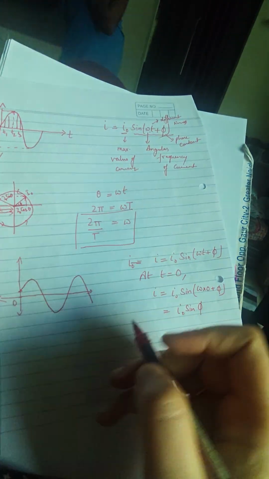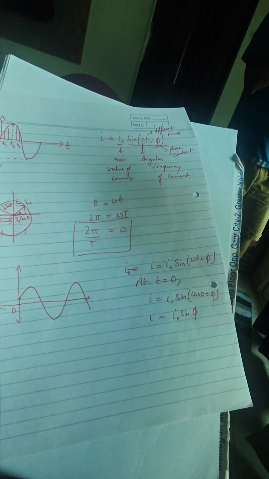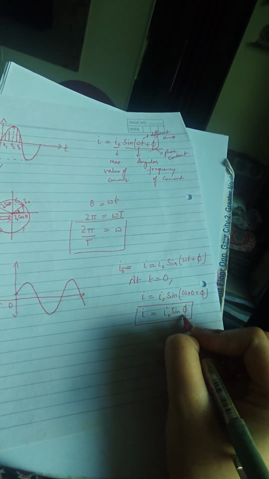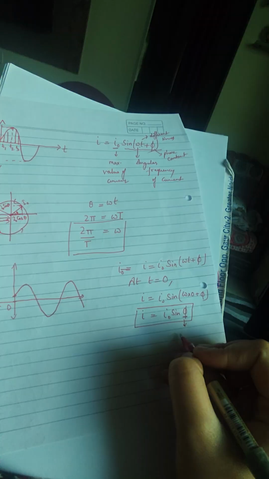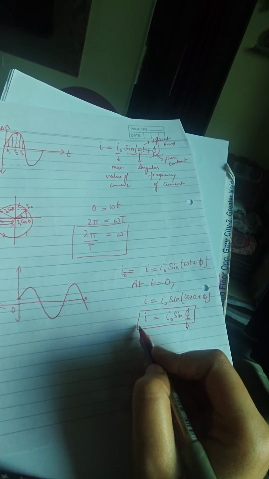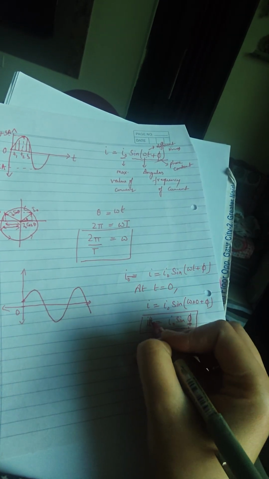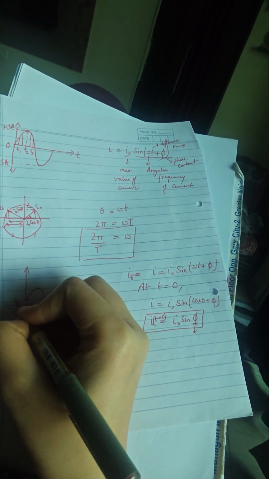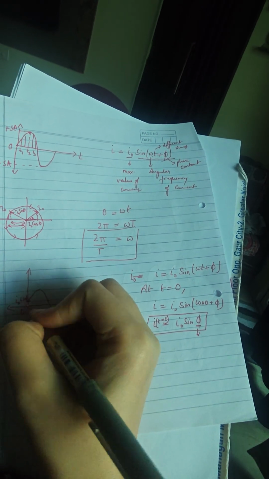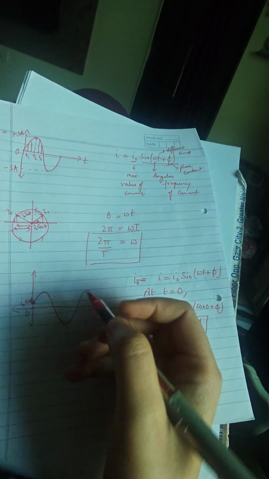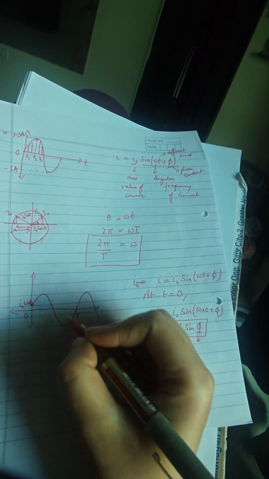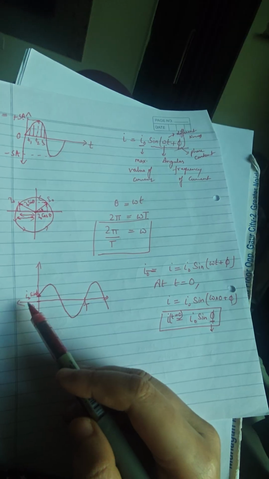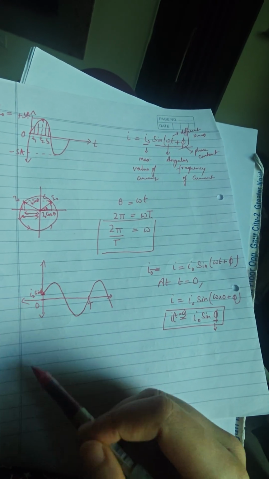So this phi is deciding what would be the value of I at t equal to 0, यानी 0 टाइम पर I की क्या वैल्यू होगी, and it was I naught sine phi. So phase constant is this thing only, which decides what is the value of my vibrating quantity at t equal to 0.